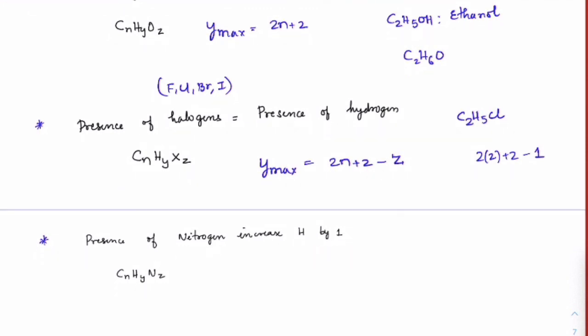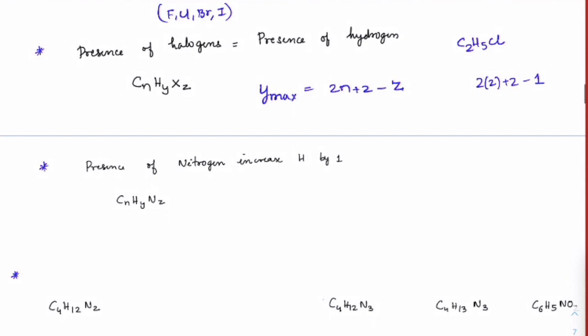In case the molecular formula has nitrogen, there will always be one extra hydrogen added to the system, which means Y max will now be equal to 2n plus 2, plus the number of nitrogens it has. Best example, C2H5NH2, ethanamine.